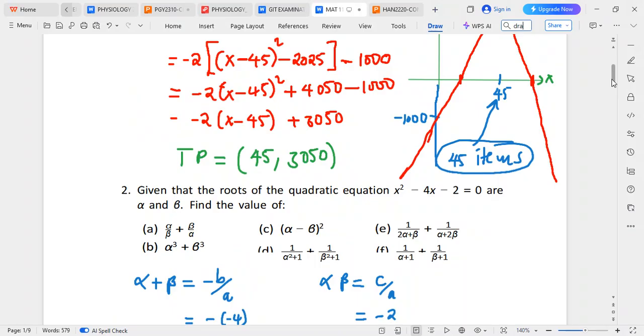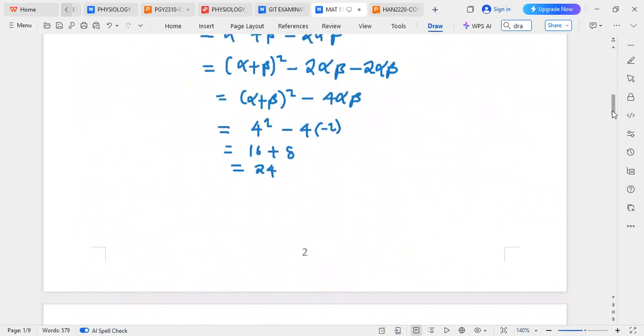So E is saying 1 over 2 alpha plus beta and then 1 over alpha plus 2 beta. Yes?